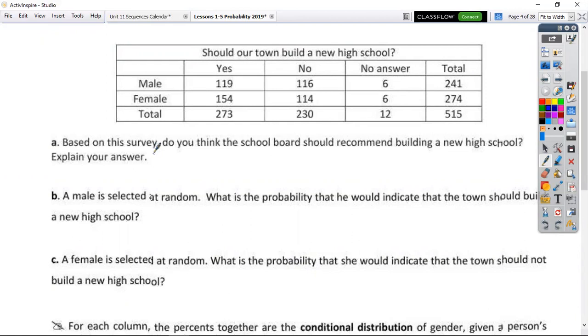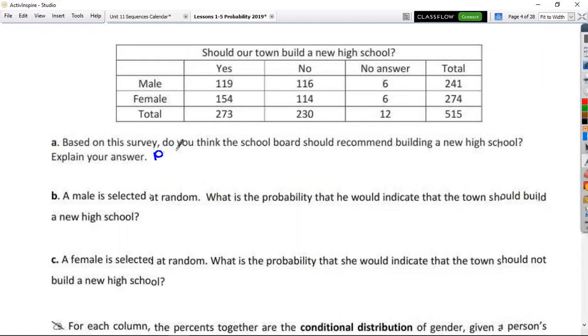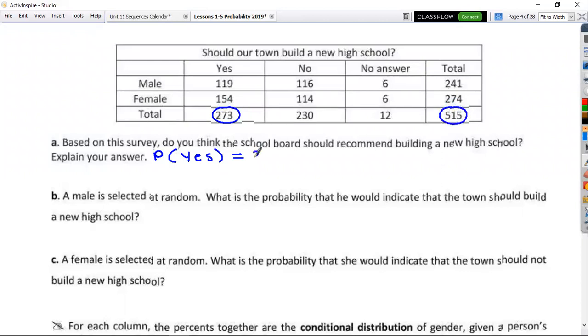So I'm going to look at the probability that the person surveyed said yes, we should do a new high school. And how many total yeses do we have? Yes, we have 273 out of a total of 515 surveyed voters. And does this reflect a majority?